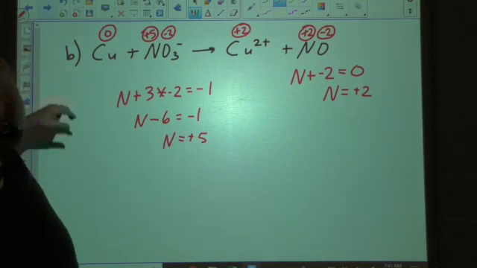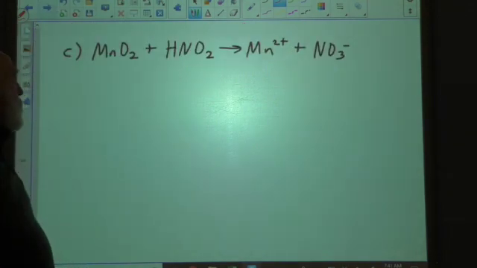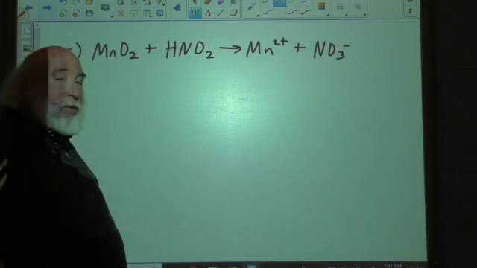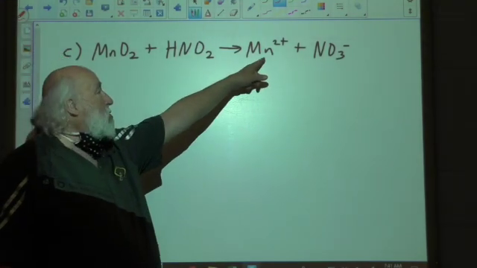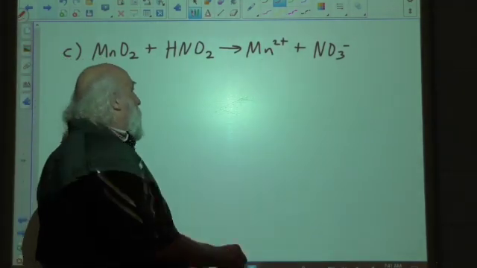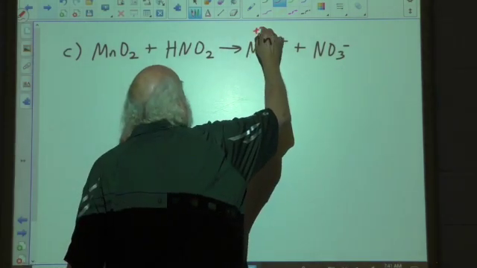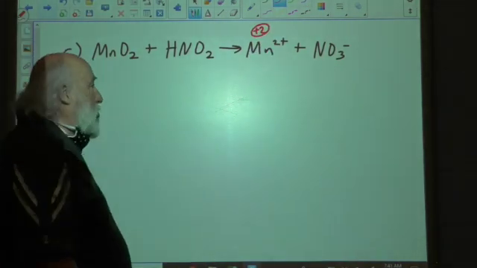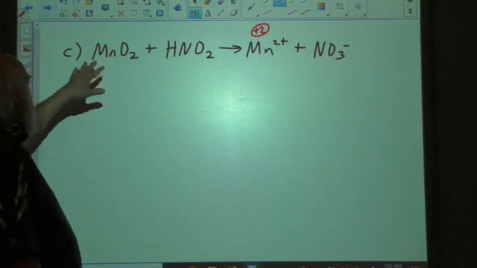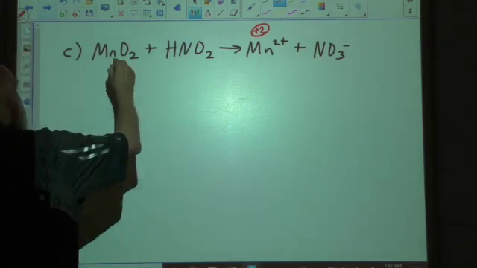Okay? Part C. Start with the easy stuff. Manganese by itself with a +2 charge makes it a +2 oxidation number. Over here, we know oxygen is -2.